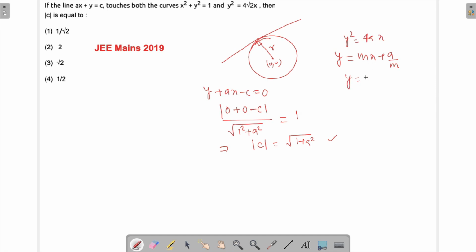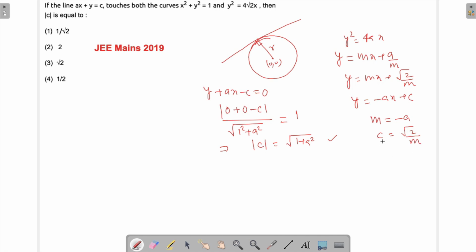So my equation is mx plus root 2 by m. Now we can compare this with the equation given to us, y equals to minus ax plus c. So we can say that m is actually equal to minus a, and c is equal to square root of 2 by m, right?